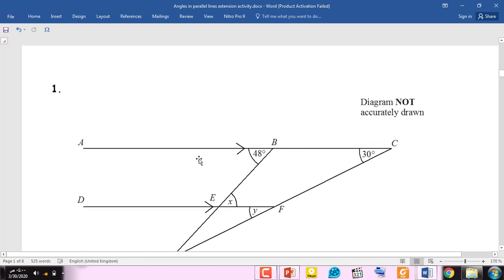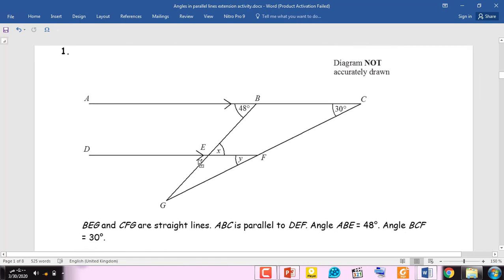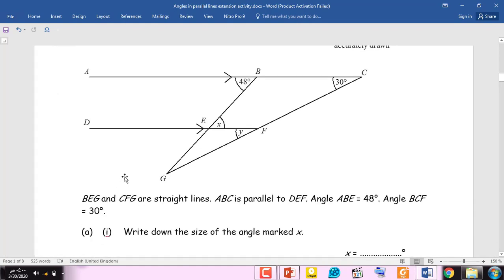Here we have this question. BEG is a line, and CFG are straight lines. The line ABC is parallel to DEF.